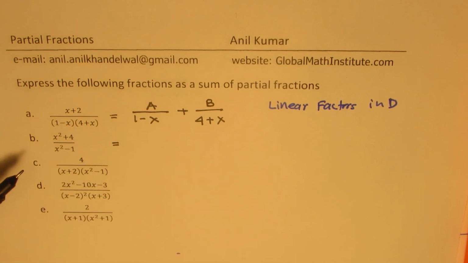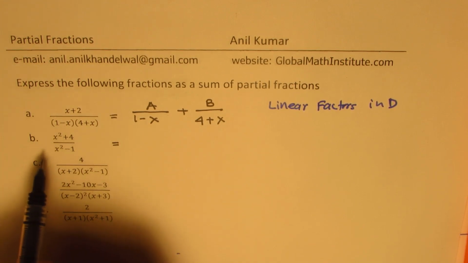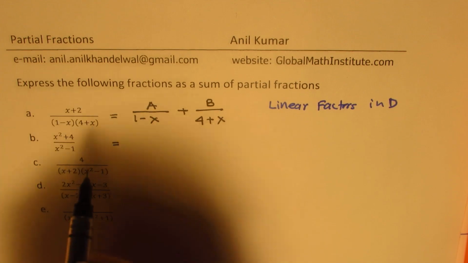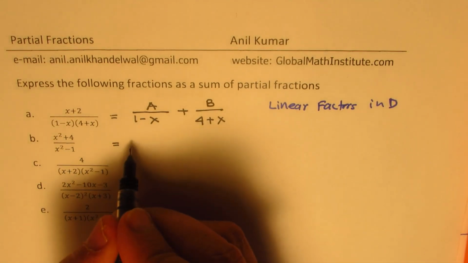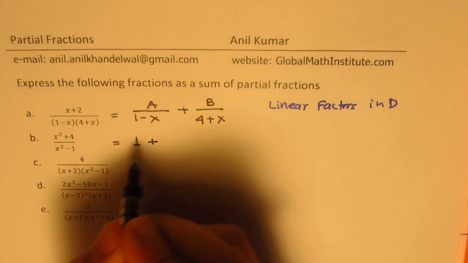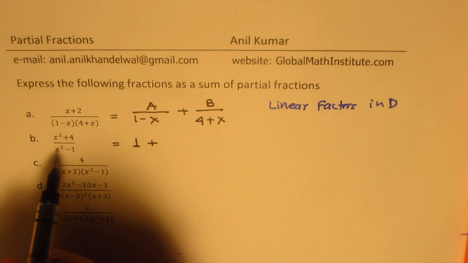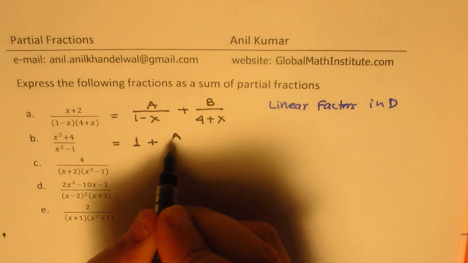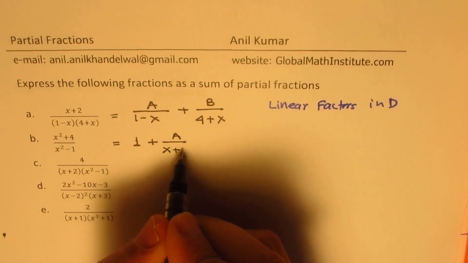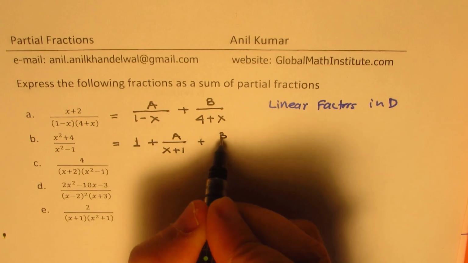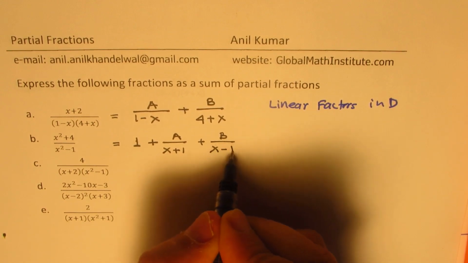So if the degrees are the same, it could be a worthwhile exercise to write this as 1 plus, because you could divide this and you'll get the number 1 in this case, plus a over x plus 1 plus b over x minus 1.